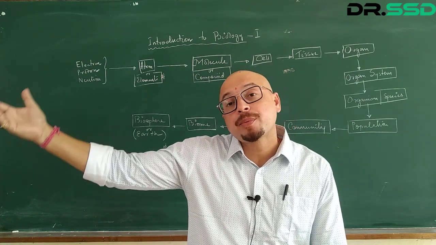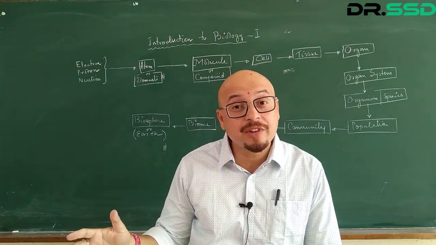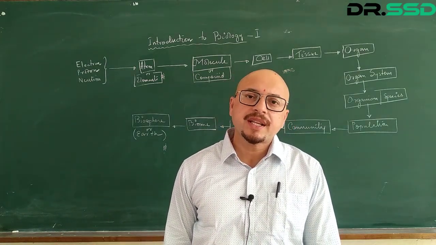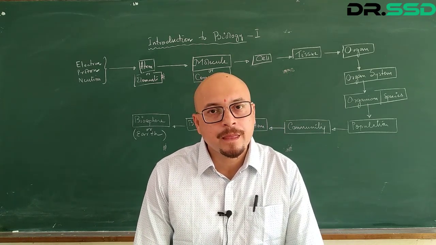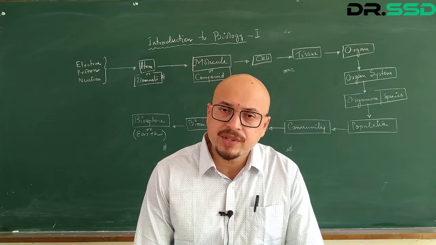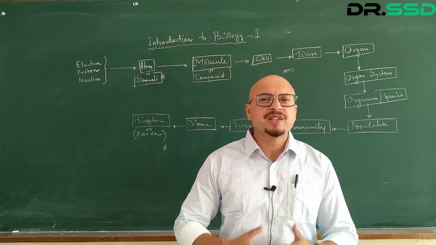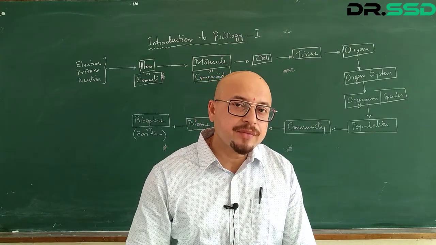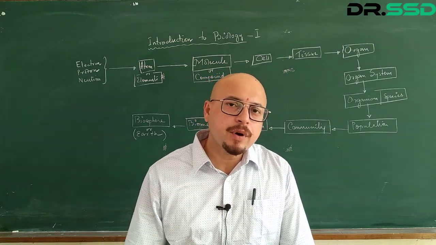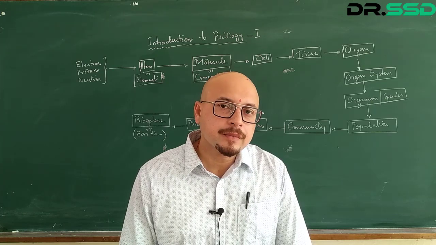Now freshwater may be of two types. It may be stagnant water found in ponds or lakes, or it can be running water found in rivers and streams. And under marine ecosystem, that can be oceans, estuary, coral reefs. I'm going to explain each and everything in detail in my following lectures on ecology.